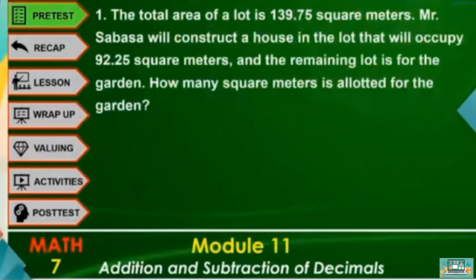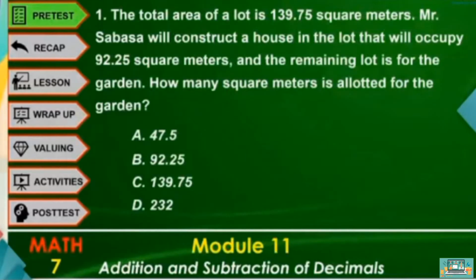Number 1. The total area of a lot is 139 and 75 hundredths square meters. Mr. Sabasa will construct a house in the lot that will occupy 92 and 2500 square meters, and the remaining lot is for the garden. How many square meters is allotted for the garden?